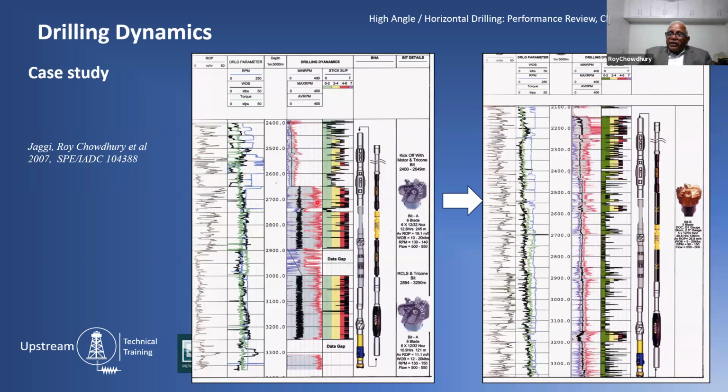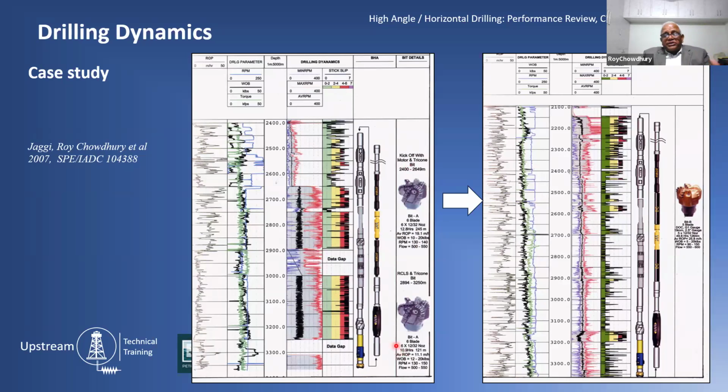So what is this process doing to the BHA? It is accelerating, decelerating, so obviously it is causing a lot of shock in the tool. As a result, you have one failure after another. There's a reference to this paper, SPE 104388. You can read it if you are interested. And there were about 5 failures.